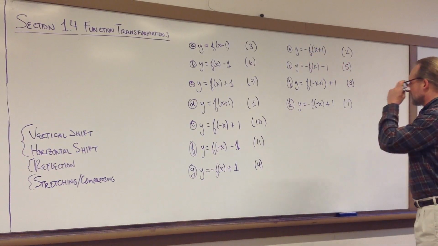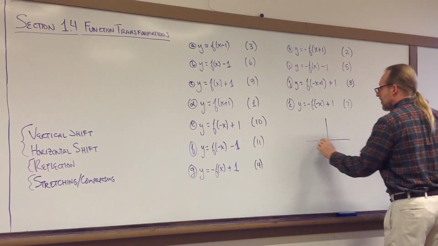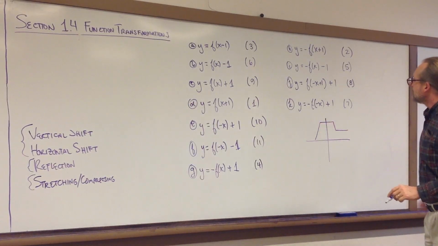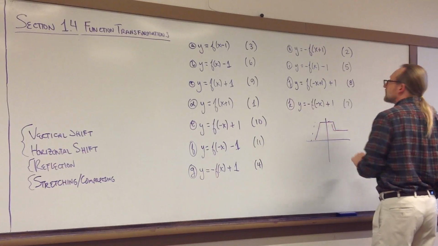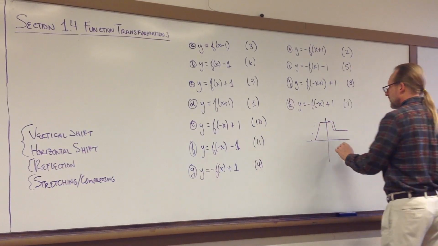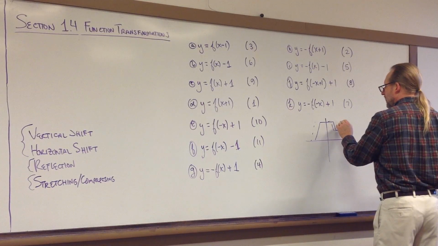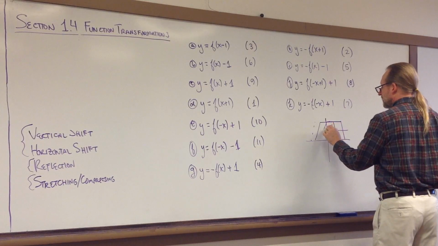Okay? Let's see. Let's take our function here and look and see. So if we shift left like this and then reflect over the x-axis, we'll wind up with something along these lines.